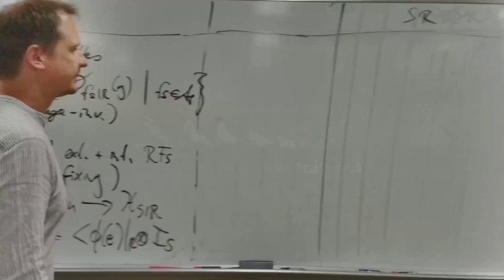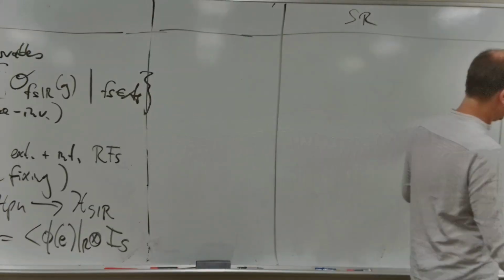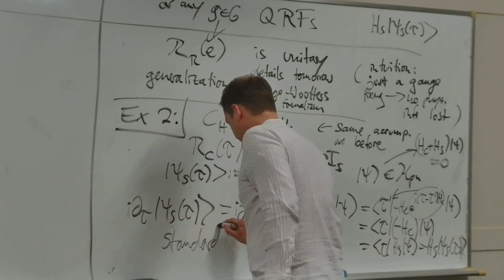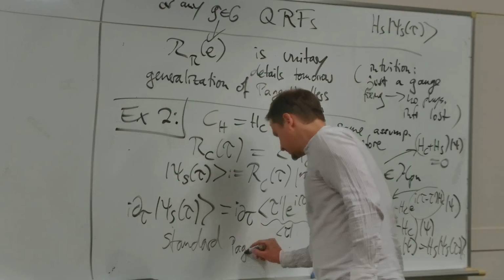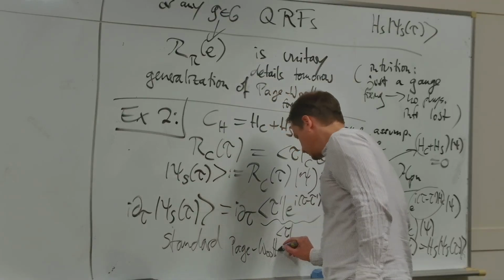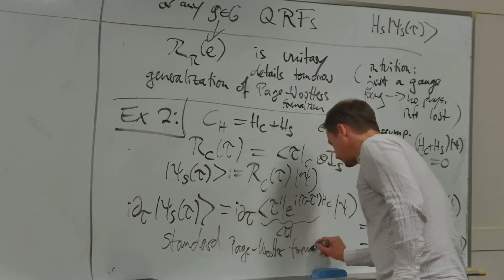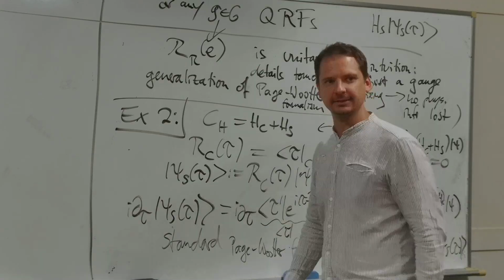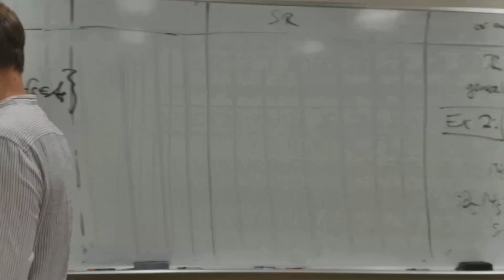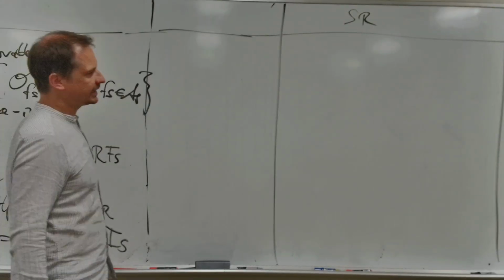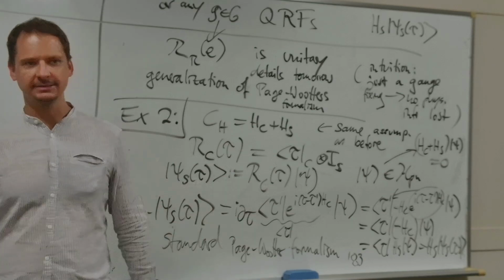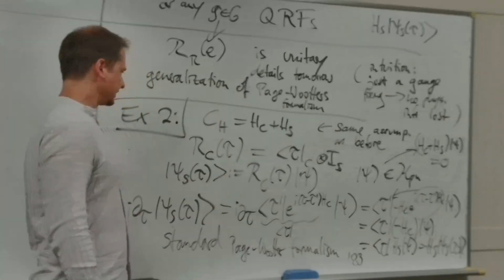So then you see that this is the standard Page-Wooters formalism. But I think it's from 1983 or something like this. They didn't use the language of quantum reference frames. So it was us incorporating this in the language of quantum reference frames, identifying these clocks as temporal quantum reference frames.